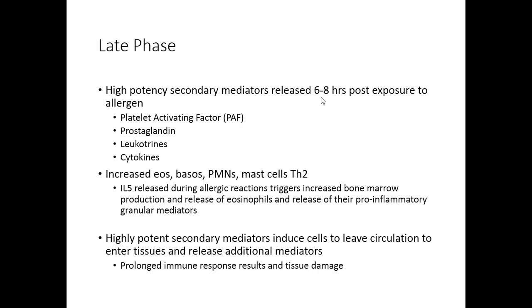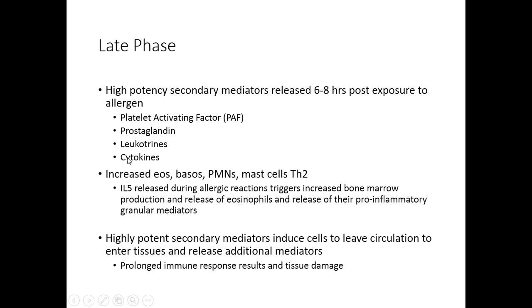One of the cytokines that gets released, interleukin 5, is going to actually trigger the bone marrow to produce and release more eosinophils. And once eosinophils get produced, they get released from the bone marrow, and they go to the site of the allergens into the tissues. They're able to enhance this reaction by releasing their granules, and they have a very pro-inflammatory granular content within them.